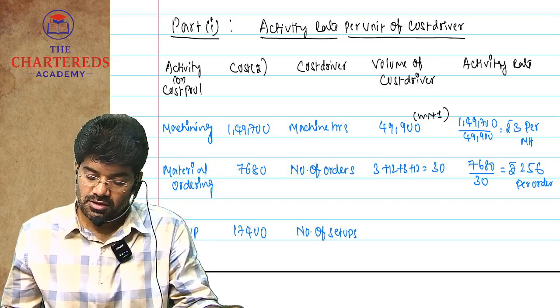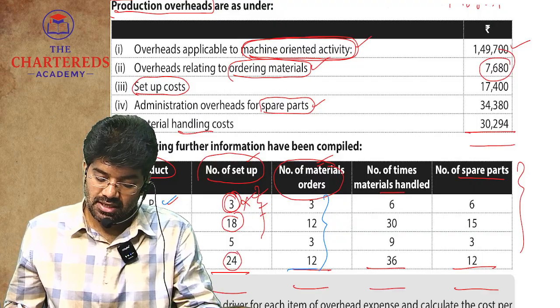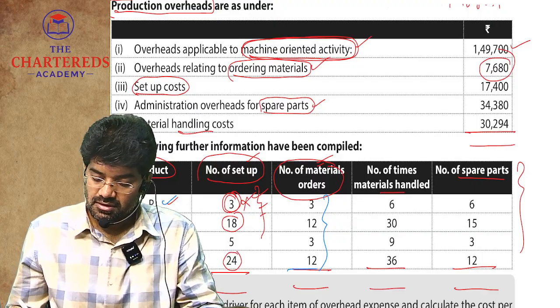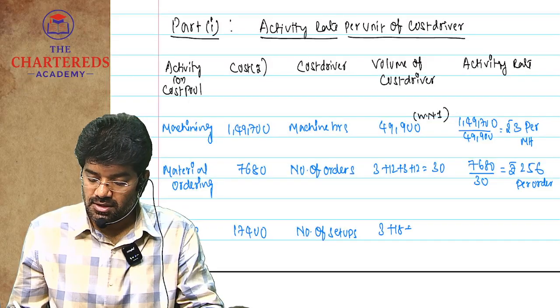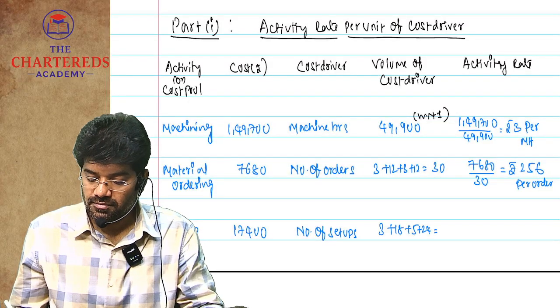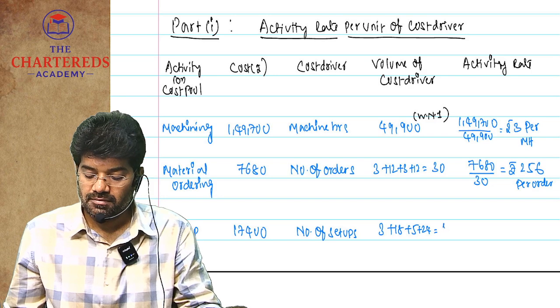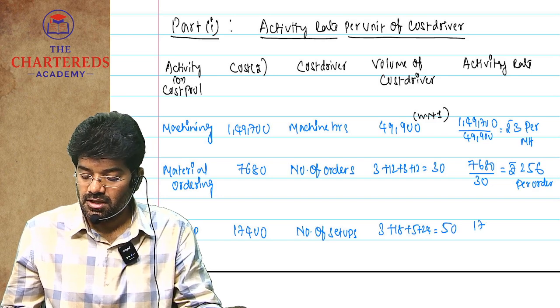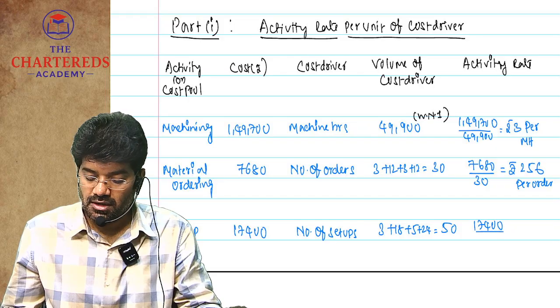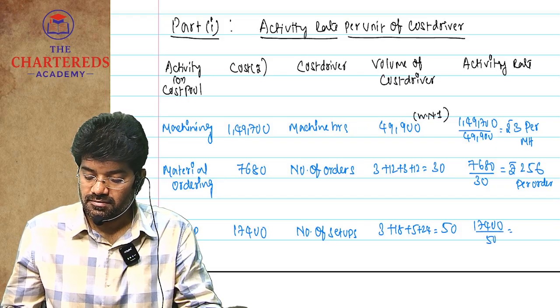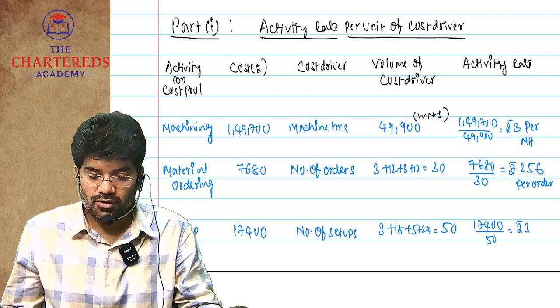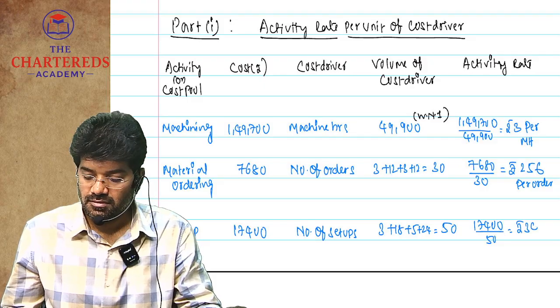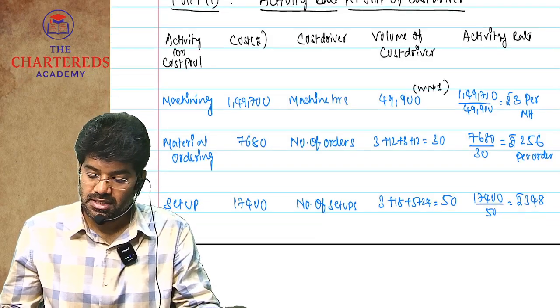The volume of cost driver is here 3 plus 18 plus 3 plus 18 plus 5 plus 24, 50. 17,400 divided by 50, 348 for setup.